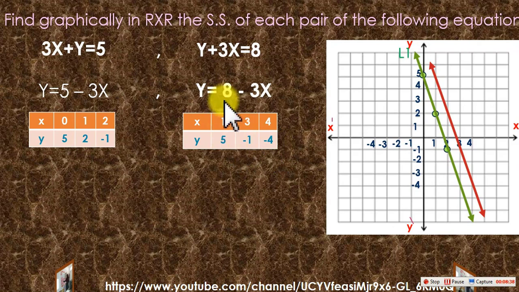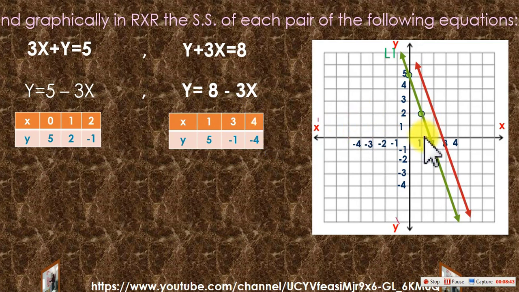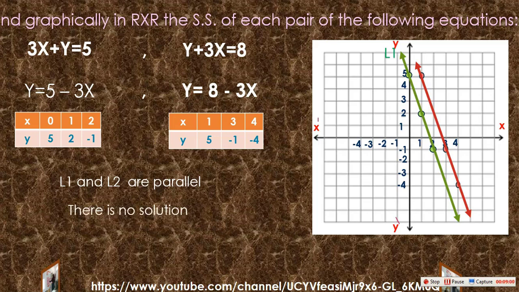So the ordered pairs are 1 and 5, 3 and negative 1, 4 and negative 4. And draw the straight line. But L1 and L2 are parallel. There is no solution. And this is the second case. The solution set is empty.